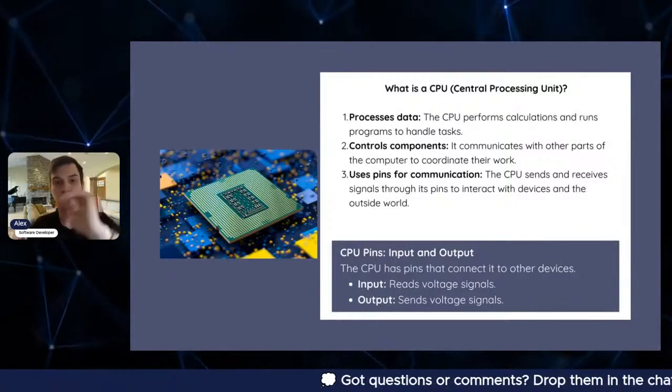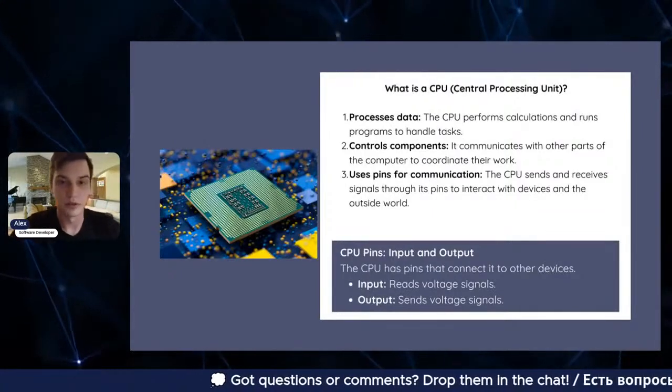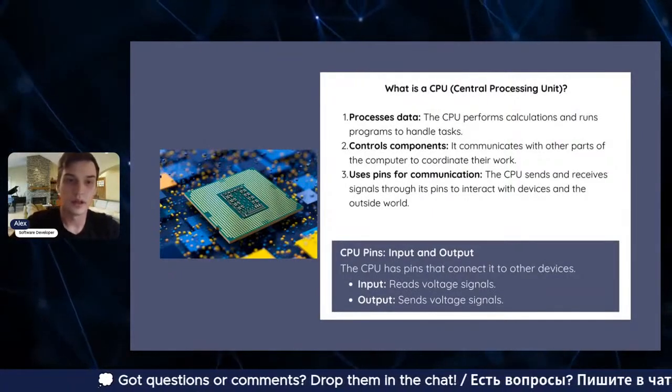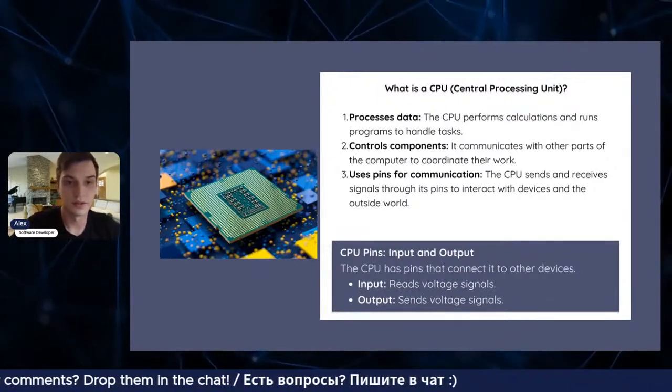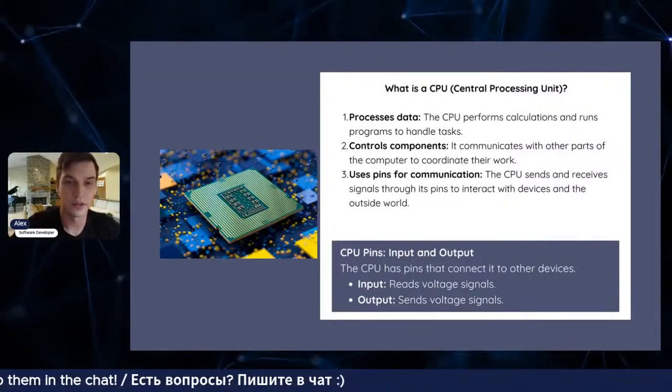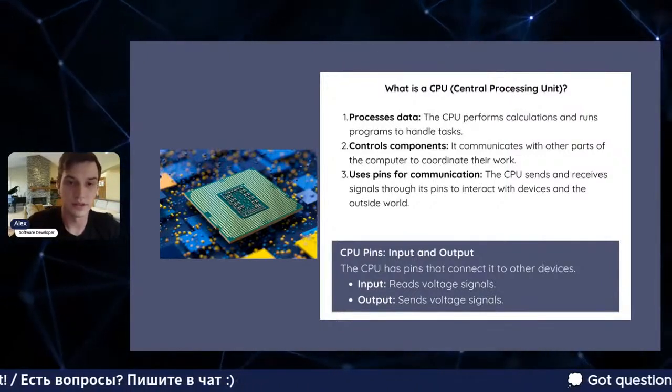The main part, the brain and the heart of the computer, is the CPU. The CPU has a number of functions, and its main function as the brain of the computer is data processing.